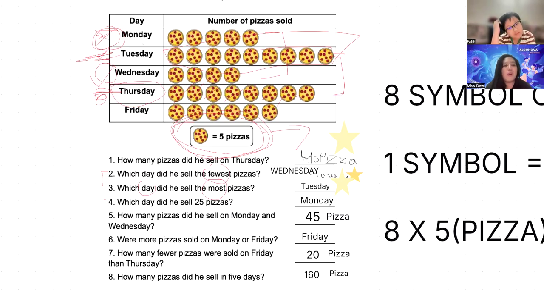Number one, for Monday, they have 5 plus 5 plus 5 plus 5 plus 5. How many 5s are in here? Or how many symbols are here? 5. So we have 5 symbols, 5 times 5, correct?